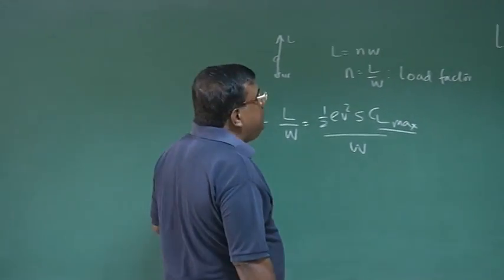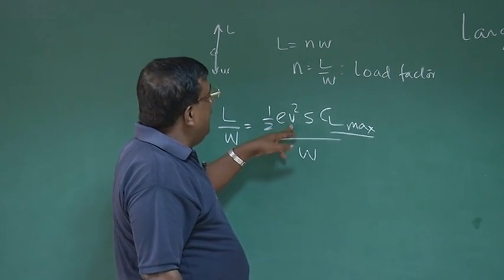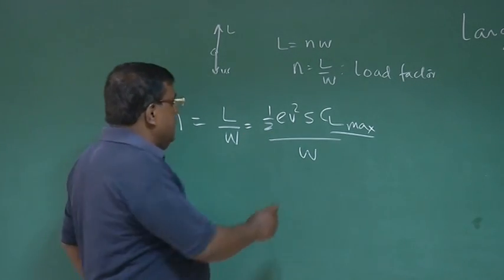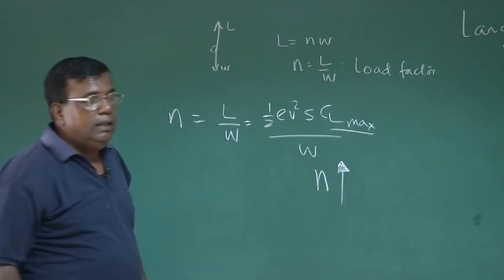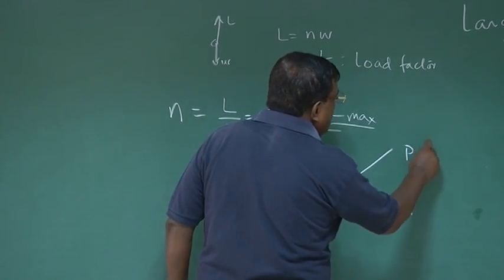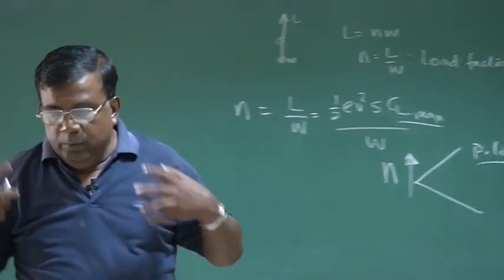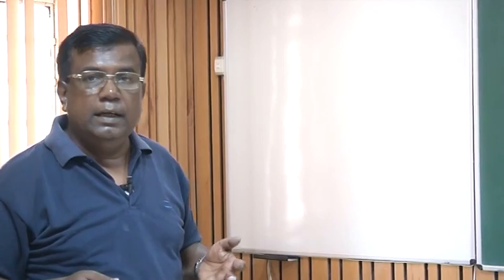However, even if those things are taken care of, the problem is that as I increase V, number one, the load factor, if it goes on increasing, there are two issues. One is, after all, the pilot, who is a human being, will be flying this machine. And all our human mechanism or system has a limitation on the load factor, right?